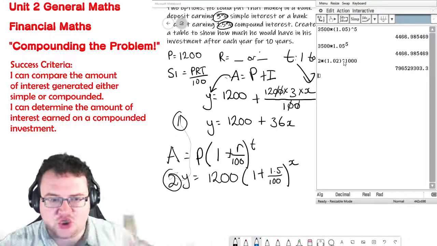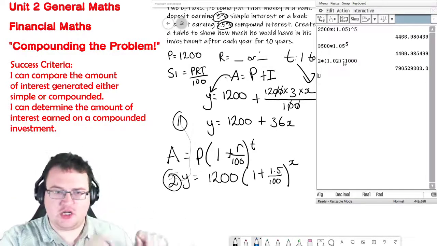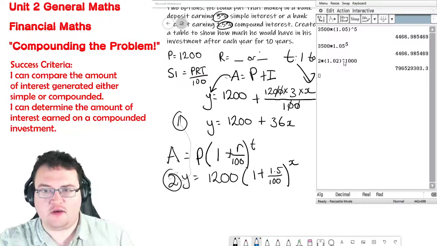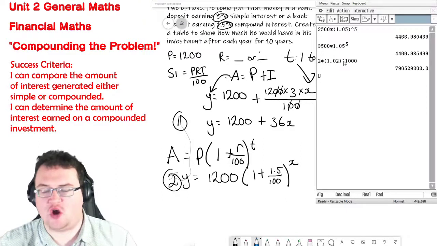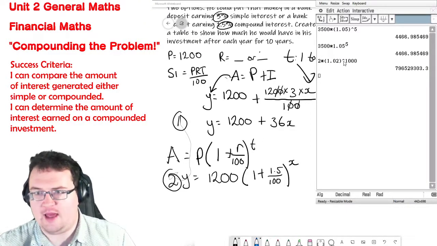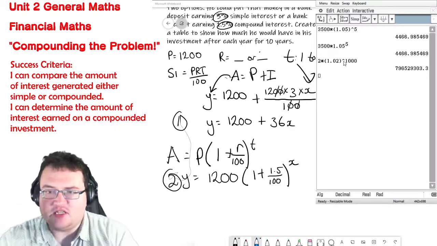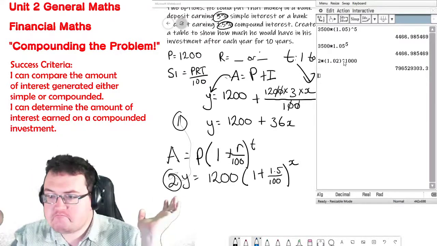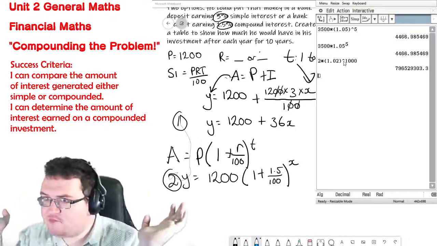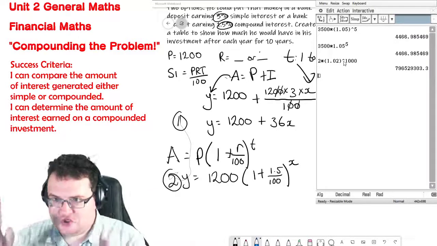You had $2 in a bank account. You leave it for 1,000 years at 2% compound interest, and that is $796 million. That's at 2%.